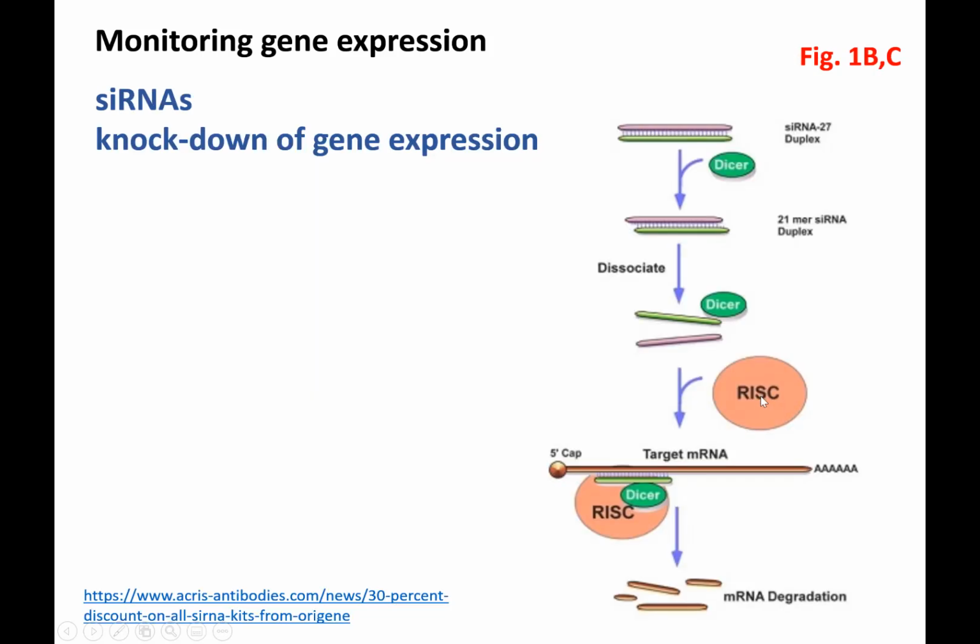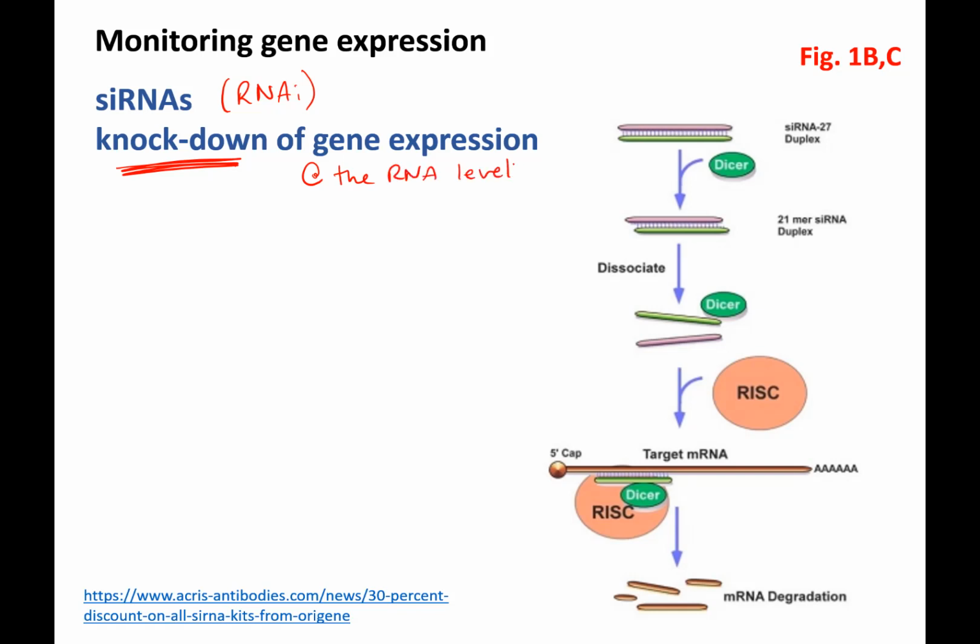A technique they're going to use is called siRNAs. This is also called RNA interference, or RNAi. This is a way to knock down gene expression at the RNA level.